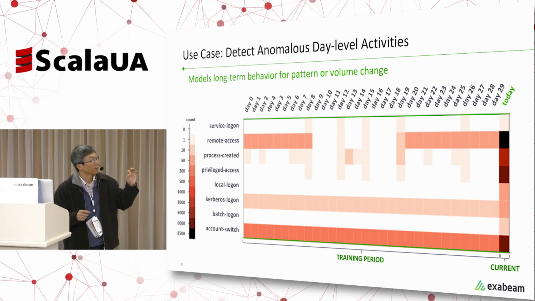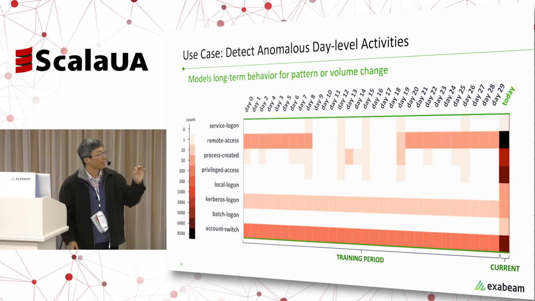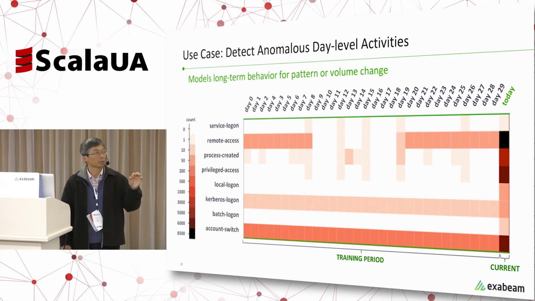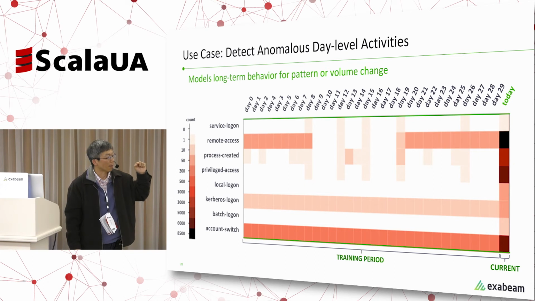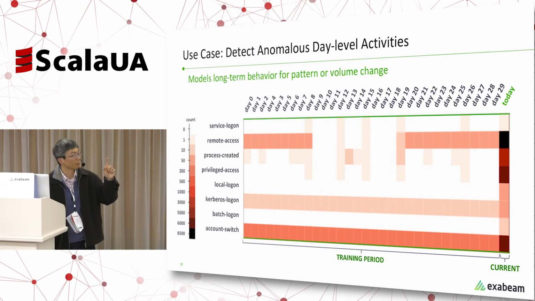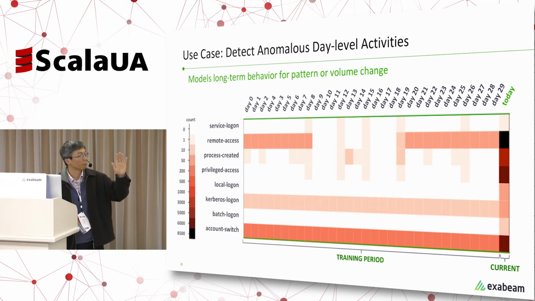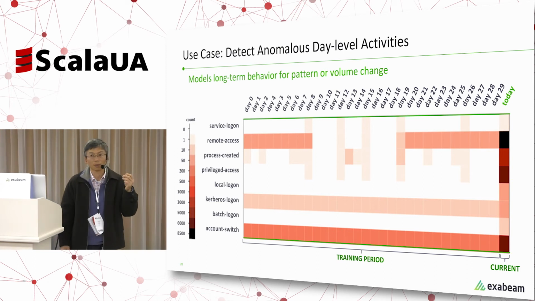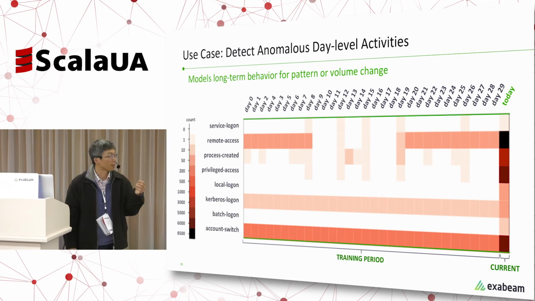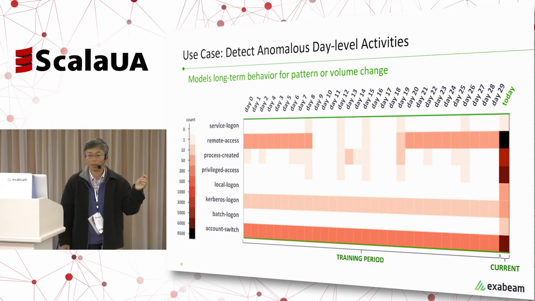Each cell in the matrix indicates the volume of activity from this user for the particular activity in the row and on the particular day in the column. The darker the color of the cell, the more activity there is on that single day for that particular activity.